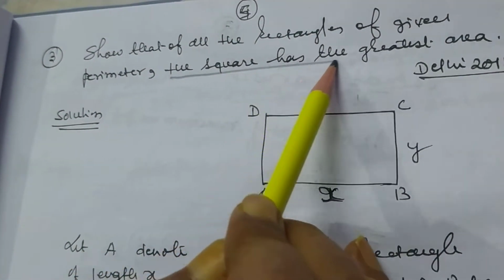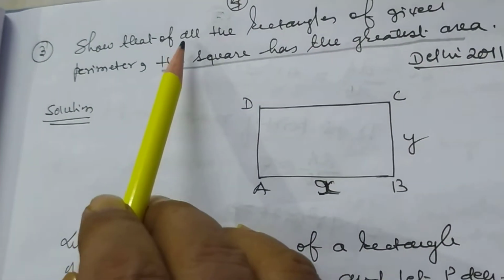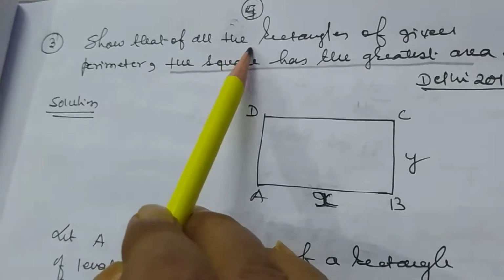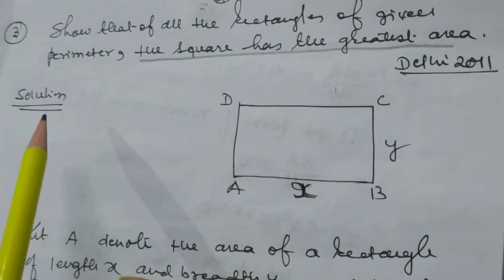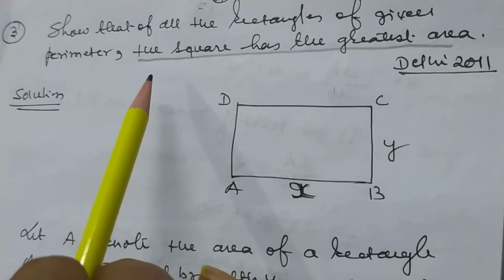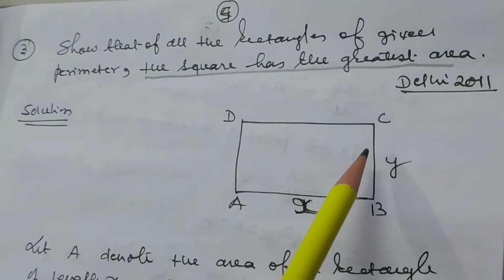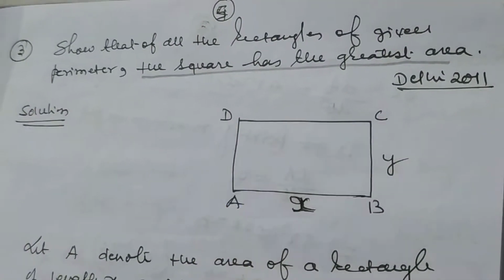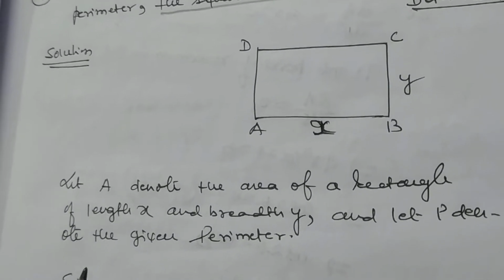What do you mean by this term? If the perimeter of the rectangle is given, then you have to show that its area will be maximum when the sides of the rectangle are equal. This you have to prove. So you must think on the problem.